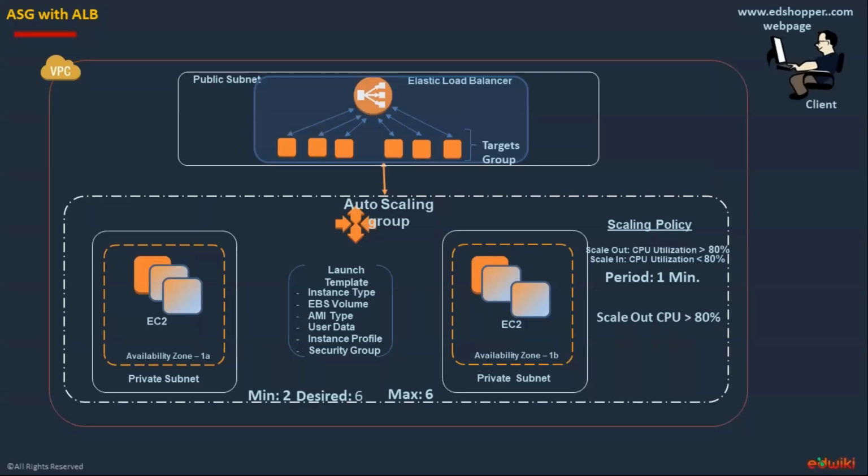Whenever there is a scale in, let's say we don't need this many servers. If auto scaling terminates a server, automatically that server will be removed from the target group. Obviously, that server will not get the requests. That is how the servers will get removed from your target group as well. 2 is the minimum.